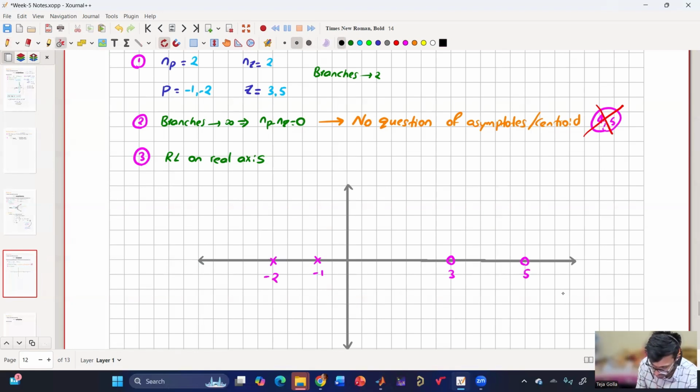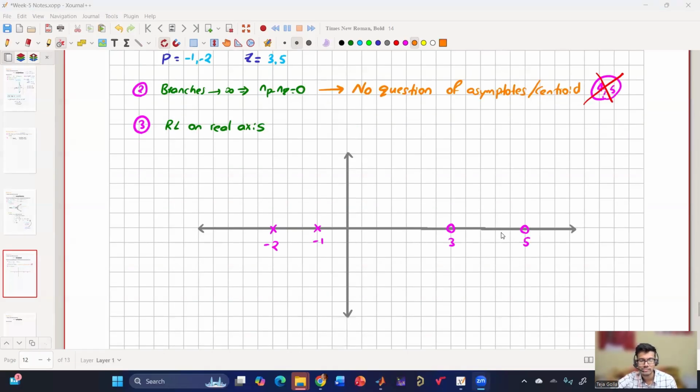Now on the real axis, you tell me whether on the right side of +5 root locus exists or not. At least this problem you should be able to tell. Chidananda says no, sir. Very good. Between 3 and 5? He says yes.